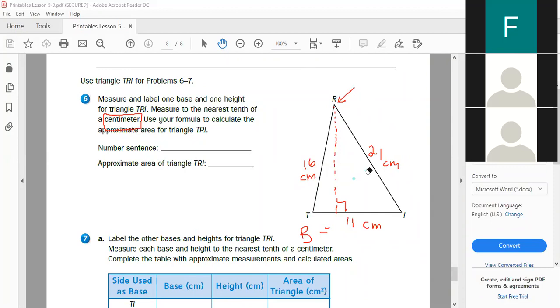Okay, cool. All right, guys, so I got to figure out my height. Okay, I have my base. Okay, so what do I do? Because I don't know my area and I know my base, but that's it. I don't know anything else. All right, what's the next step? What should I do?